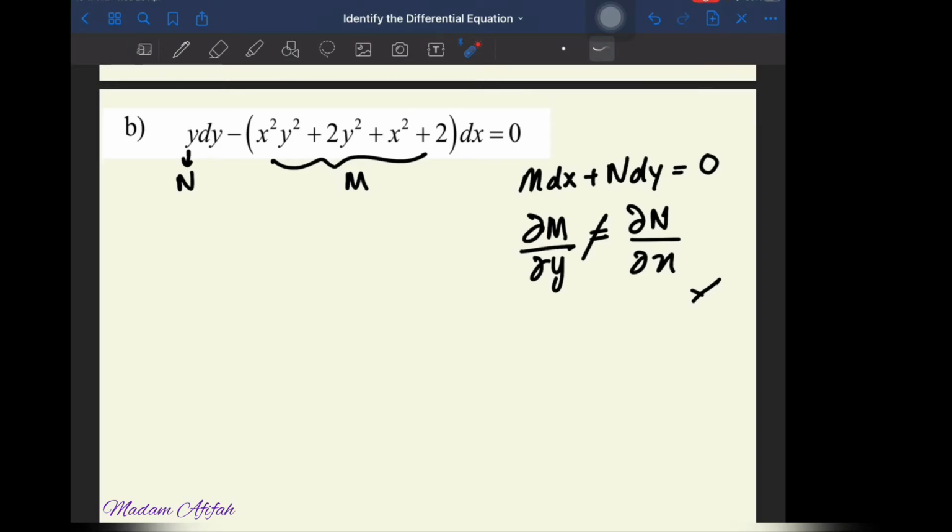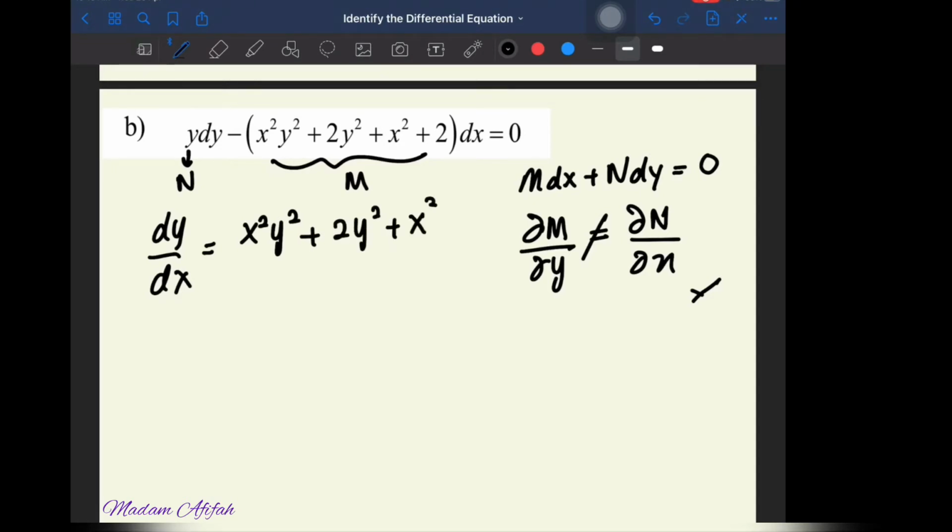If you want to test whether the given function is homogeneous or not, you have to write it in the form of dy/dx. In this case, your dy/dx equals (x squared y squared plus 2y squared plus x squared plus 2) over y. So clearly this is not a homogeneous equation.